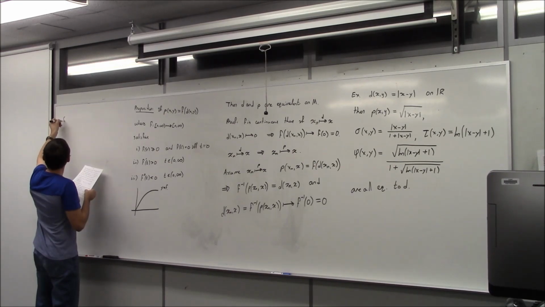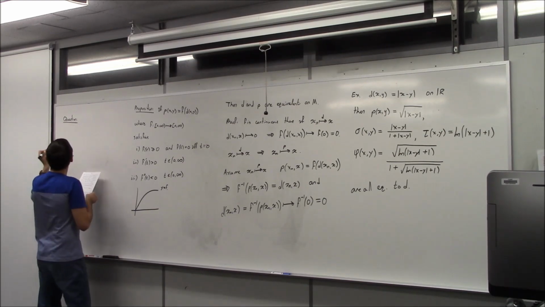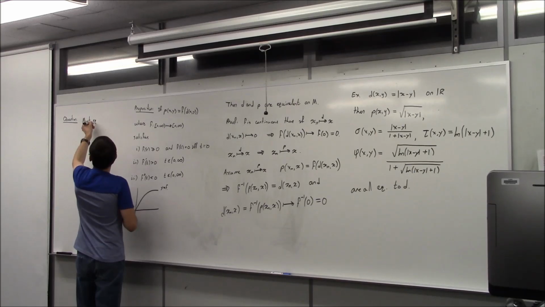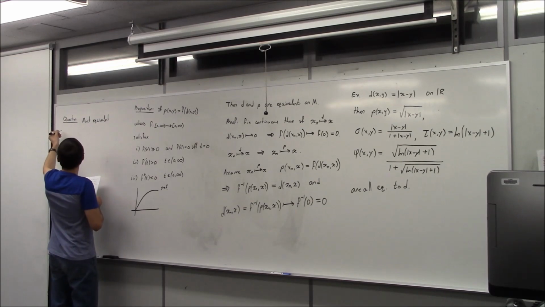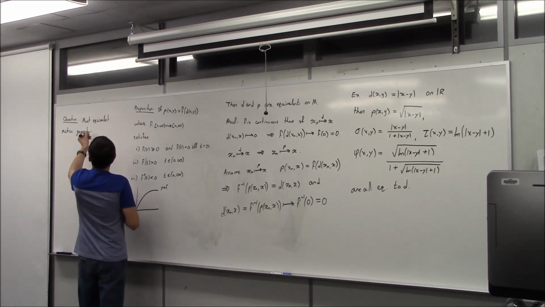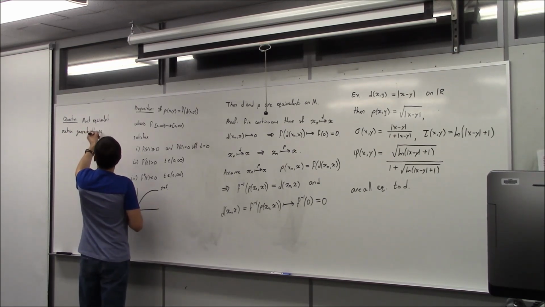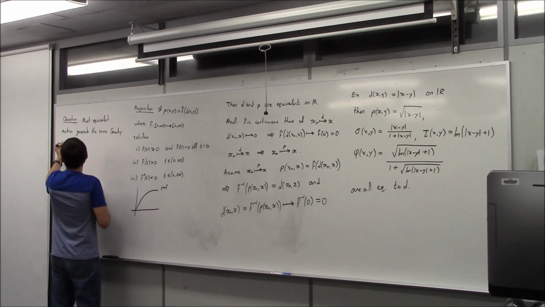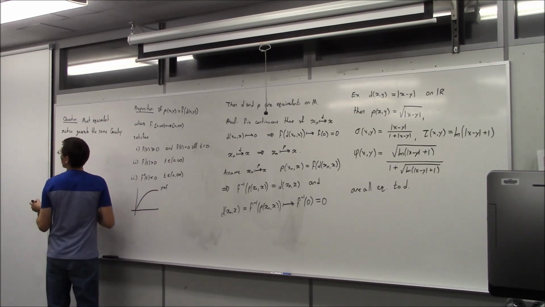So question: must equivalent metrics generate the same Cauchy sequences? What do you think?